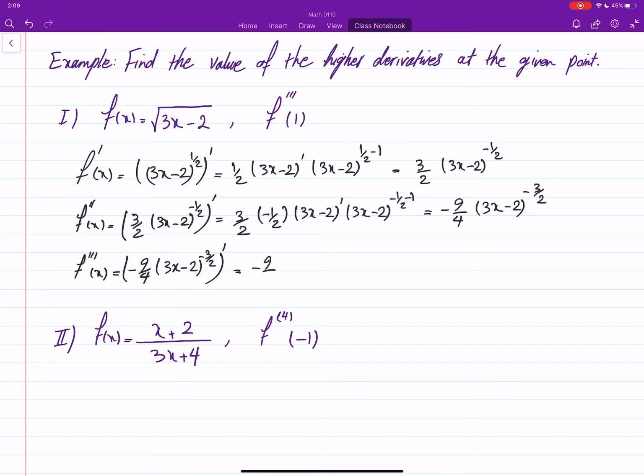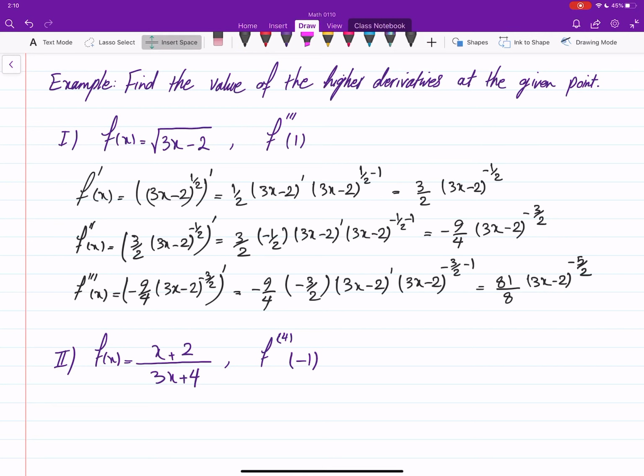So negative 9 over 4 comes up there, and then power rule, negative 3 over 2 times the derivative of 3x minus 2, and then 3x minus 2 to the power negative 3 over 2, one less. That gives us, there's a 9 over 2 here, and then that will give us 81 over 8, and then (3x minus 2) to the power negative 5 over 2.